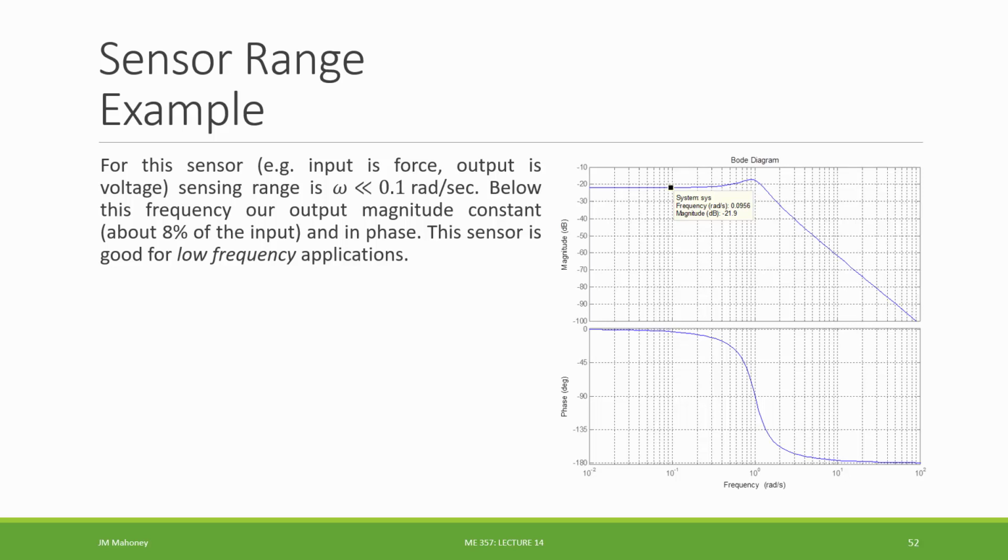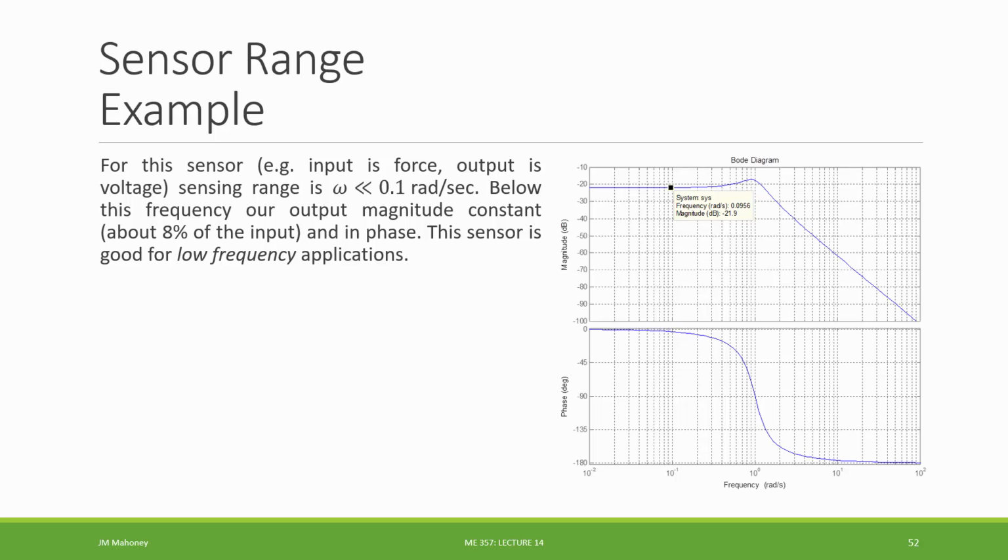It goes up and then it starts to go down as we get into very high frequency applications. So the magnitude is now not constant, and that calibration we did earlier is not going to be any good because the voltage that we're reading no longer corresponds the same way to the quantity that we're measuring.